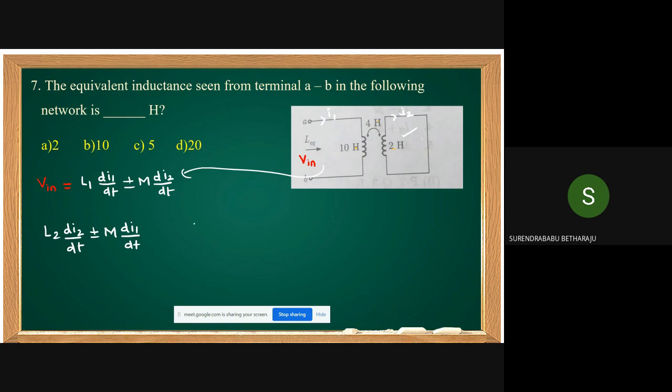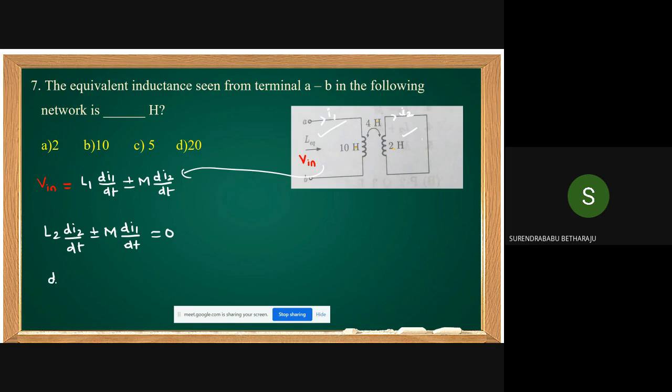But it is shorted now, so that is equal to 0. L2 di2/dt plus or minus the mutual term M di1/dt equals 0.